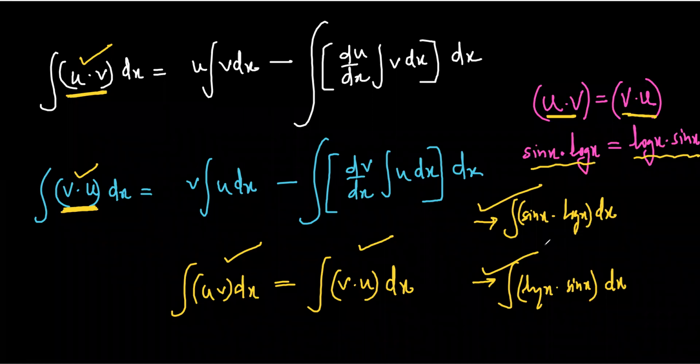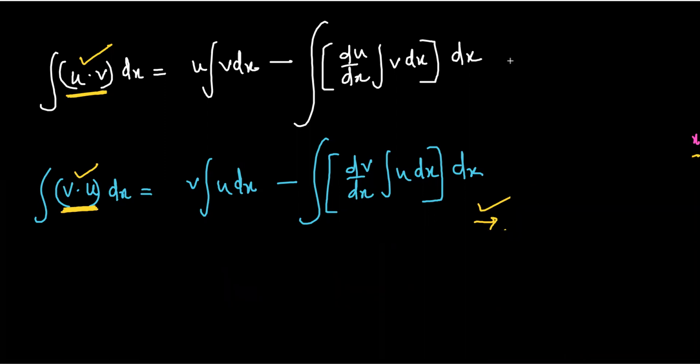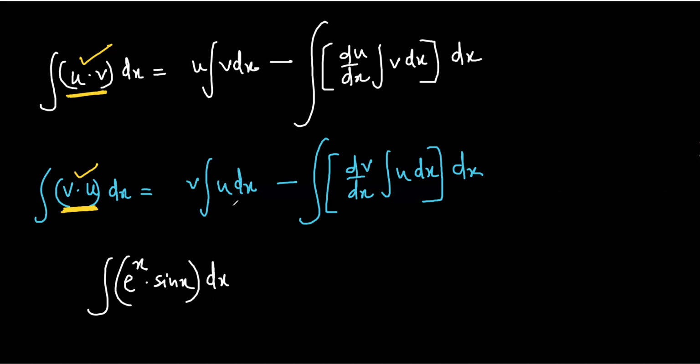So from this discussion, what we understood is that the order in which we select the functions is very important. When I'm asked to integrate, say, e raised to x into sin x dx, I notice I have a product of two functions.